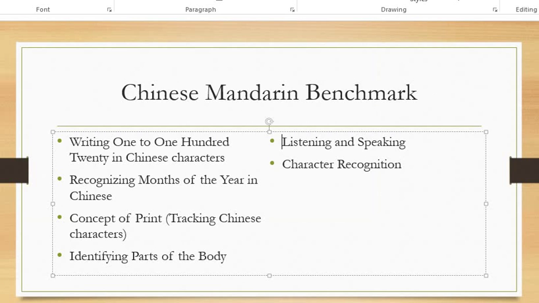Basically, Chinese Mandarin benchmark, we have writing numbers from 1 to 120. Last year in kindergarten, at the end of the year, they could probably write from 1 to 100 and basically know the patterns, 1 through 10 and on to 100, or at least to 99.